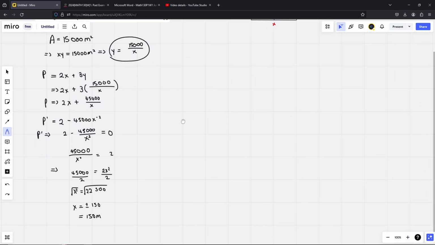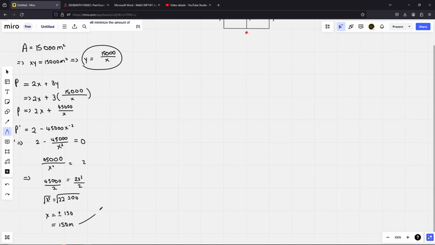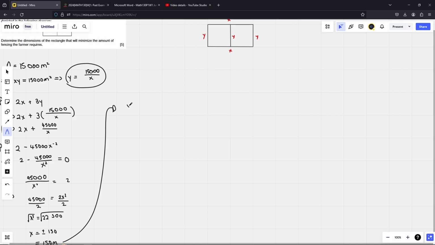Okay? Now to get my width, well, I have an equation for y. Well, y is just equal to 15,000 divided by 150.